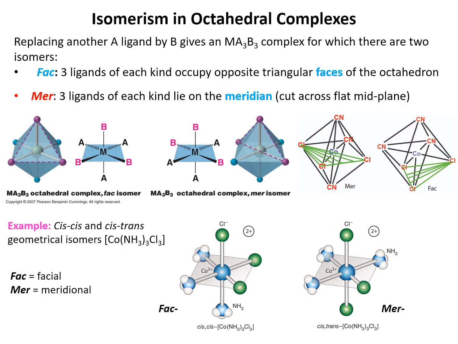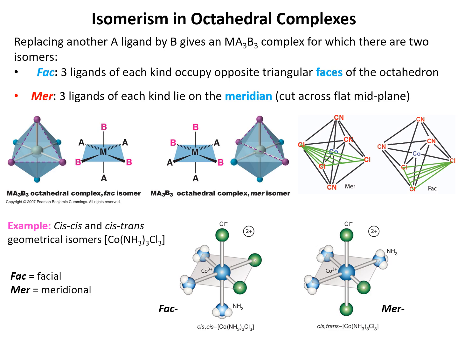Now the facial and meridional isomers. In facial isomerism, three similar ligands occupy one triangular face of the octahedron. In meridional isomerism, the three similar ligands lie along a meridional plane. These are the basic differences.